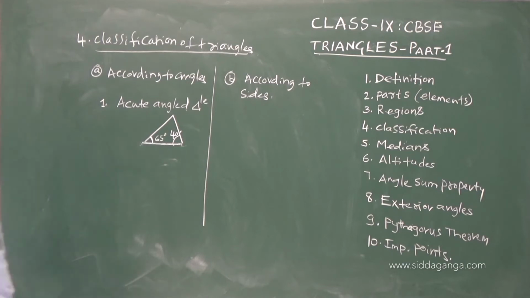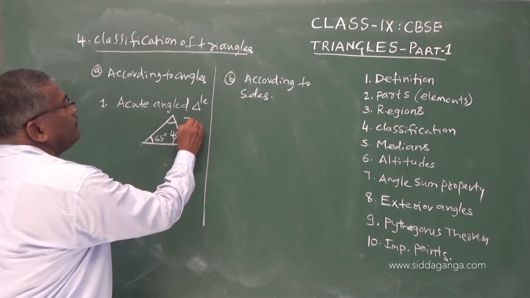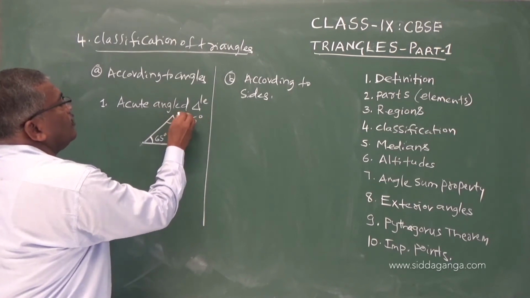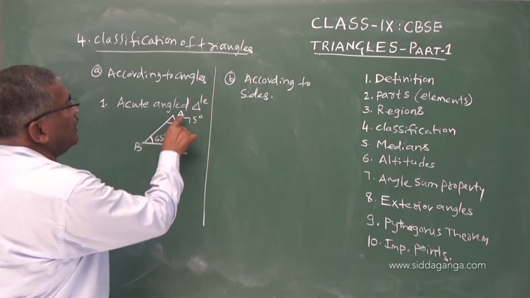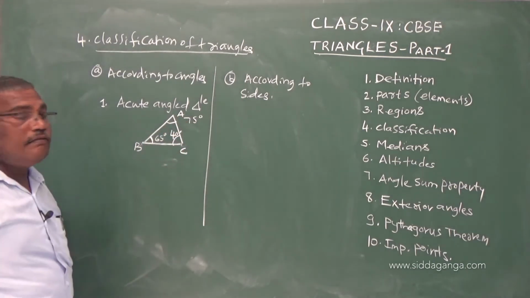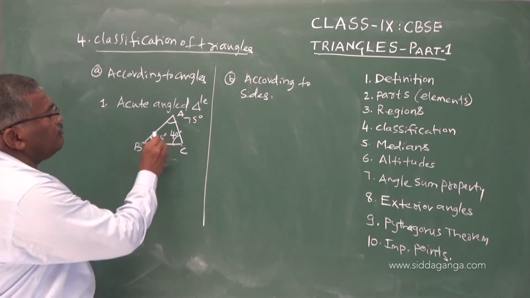So, that means 105 degree and the third one becomes 75 degree. So, I will call this as A, B, C. Angle A is 75 degree, angle B is 65 degree, angle C is 40 degree.